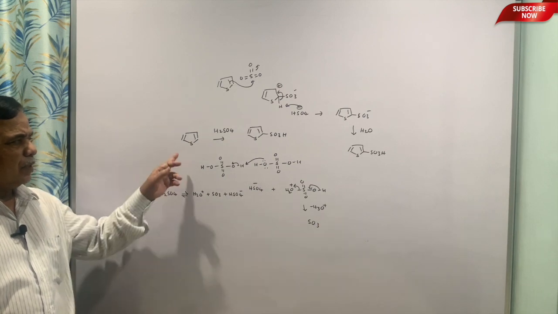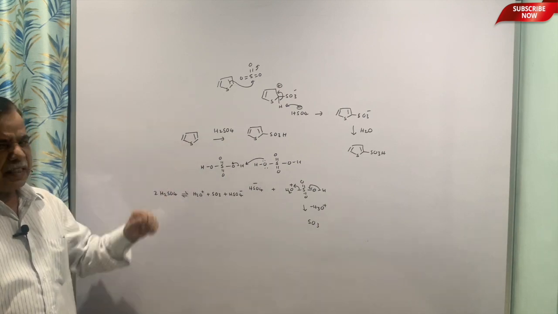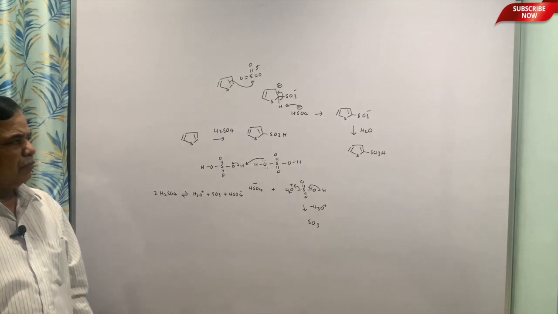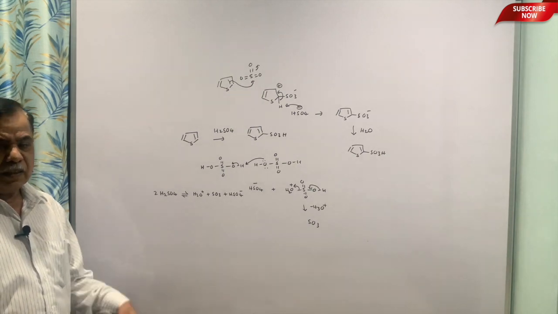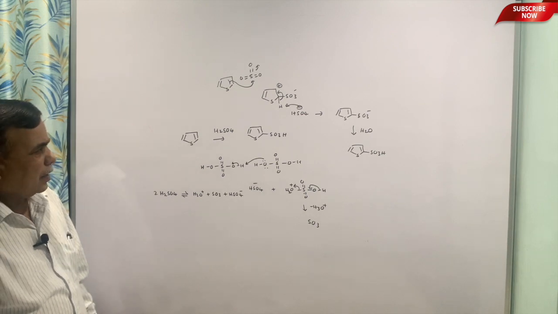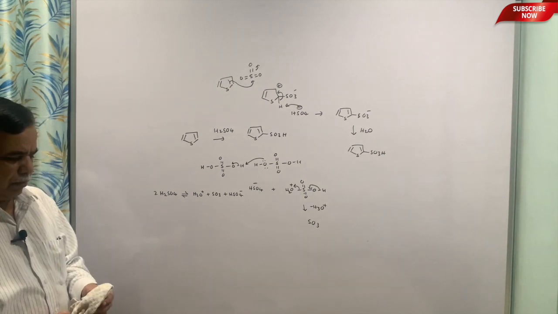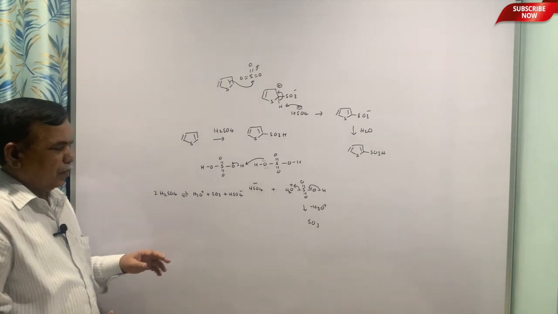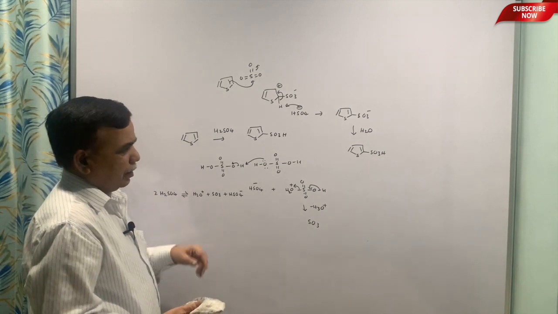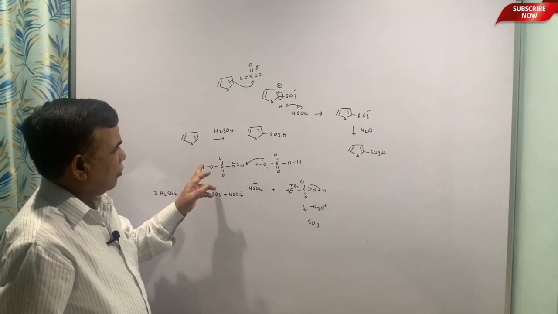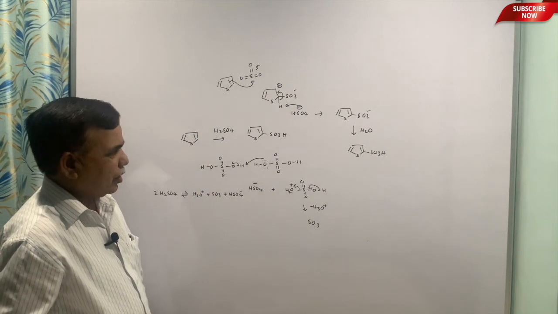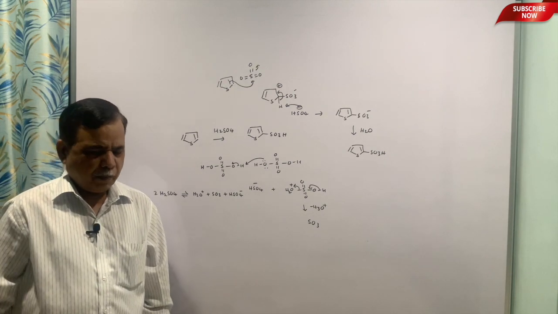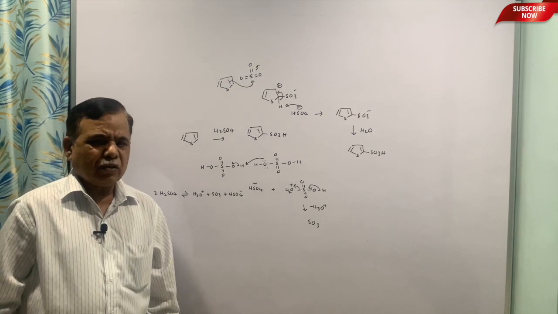In case of acid sensitive compounds like furan and pyrrole, we use pyridinium sulfate, that is another reagent which is used because that generates this electrophile in situ. So those are the new things. Next time we will continue from here, we will have more examples on thiophene, and if time permits we will do the nucleophilic substitution reactions on the substrates also.